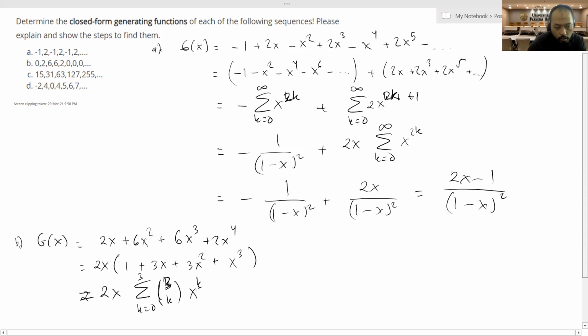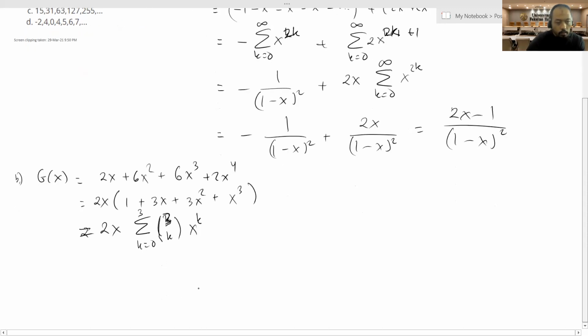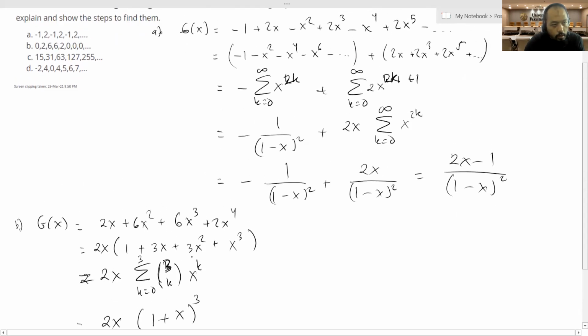Now the summation, by the binomial theorem, is equal to 2x times (1 plus x) cubed. All right, so that's the closed form.